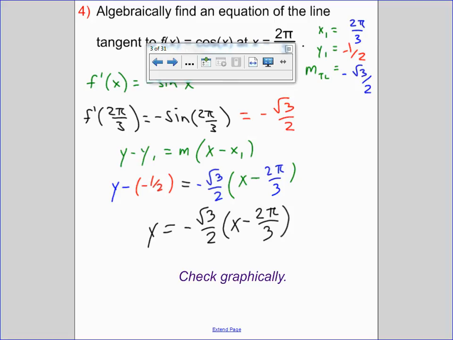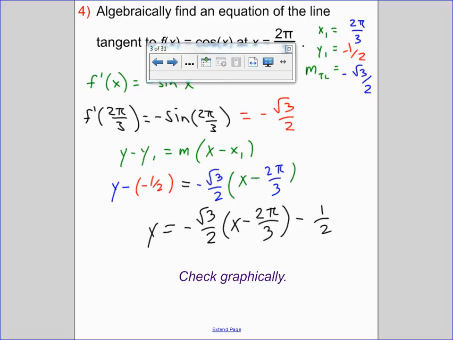Subtracting over would be minus 1/2 after the fact. Recall that this is exactly the form for our linearization, L of x, when we're using differentials to make approximations of function values close to a point of concern, x equals a. And so I'm just going to leave it like this because it'll be easy to check on our calculator.